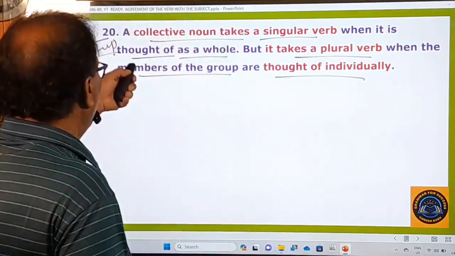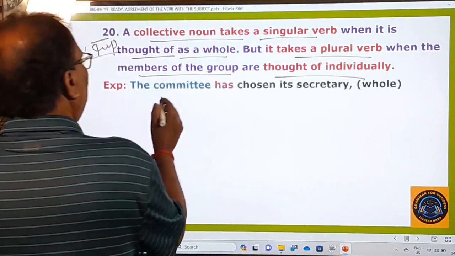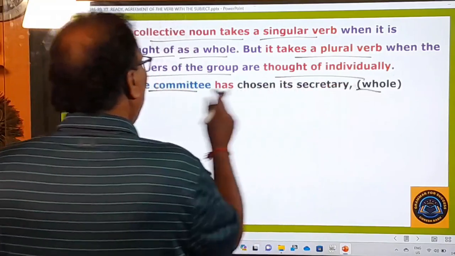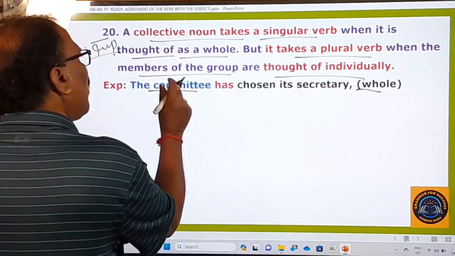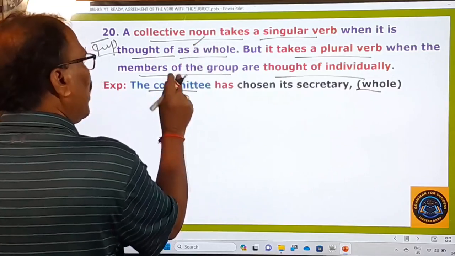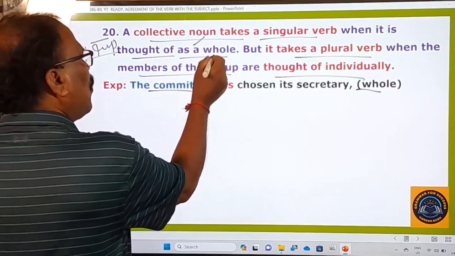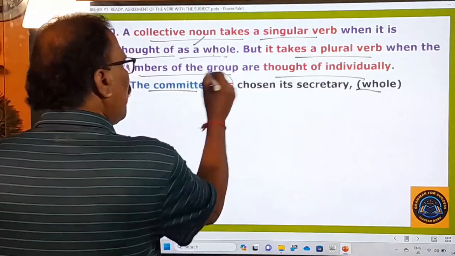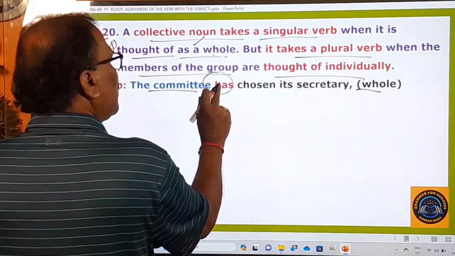And now let's learn this beautiful rule. The committee has chosen its secretary. It's a whole one. Here, what are we doing? We are thinking of this committee as a whole, and when you think of it as a whole, then it becomes singular, and therefore we have to use a singular verb after it.